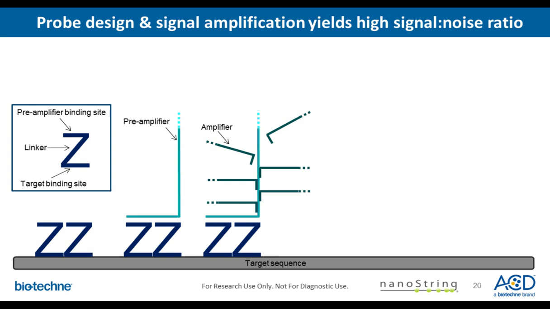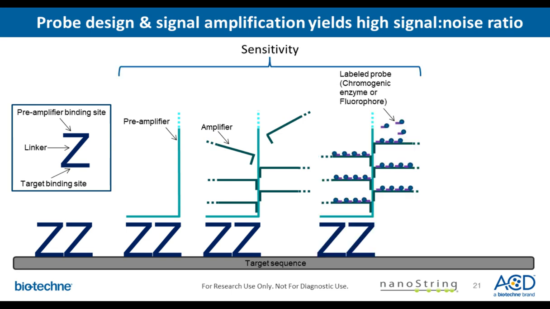Once the preamplifier is bound, a number of amplifier molecules will come and bind onto this preamplifier, which allows for the binding of fluorescently labeled or chromogenically labeled probes. Now, this will give a highly amplified signal, which allows for detection of even really low expressing target genes. Now, this ensures the sensitivity of our technique.